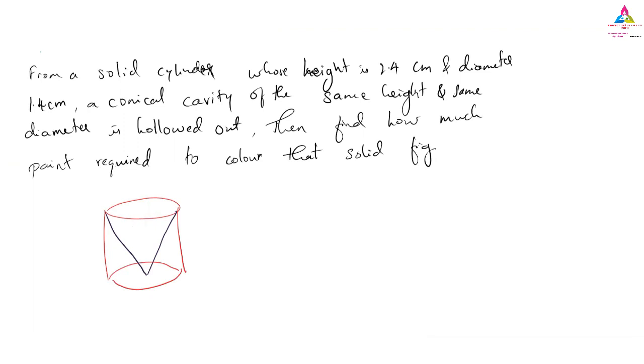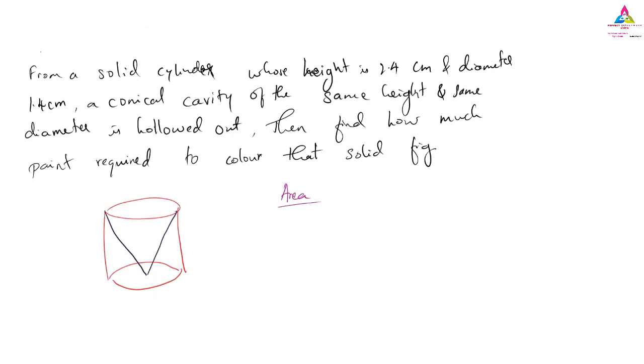Now they are saying that we have to paint it, so we have to color it. So what will we call it? Whether we have to go for the area or the volume. One student is saying it is the area. Anyone with a different answer or the same answer?